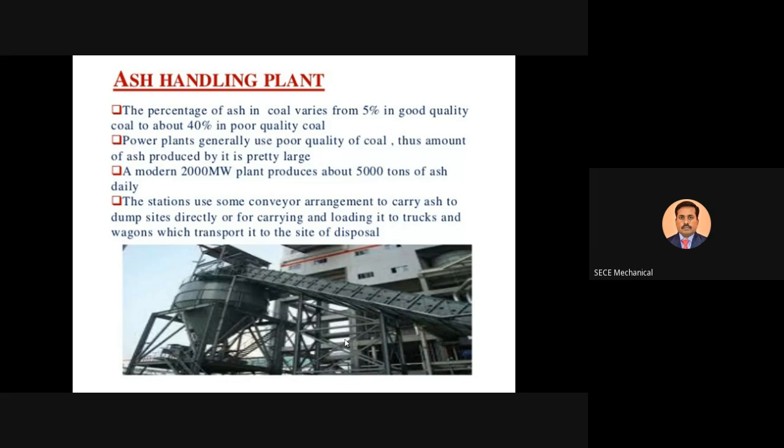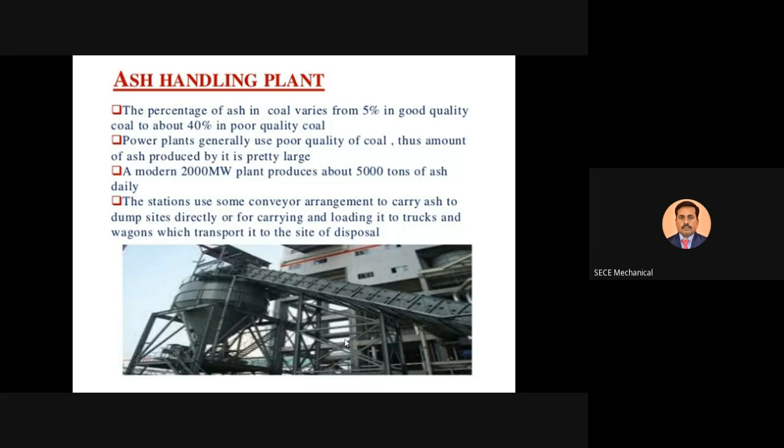Normally, with the help of a conveyor arrangement, the ash is carried from the furnace area and loaded into trucks. With the help of trucks and rail wagons, we can transport the ash from your furnace area to the ash disposal area.